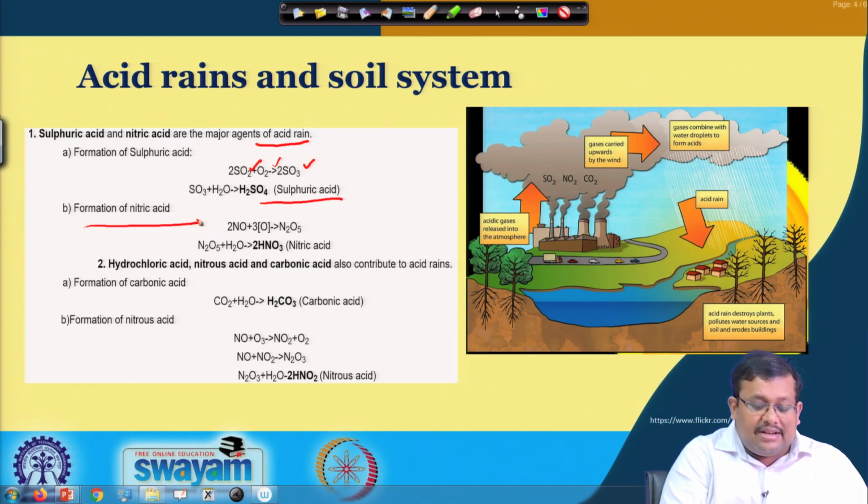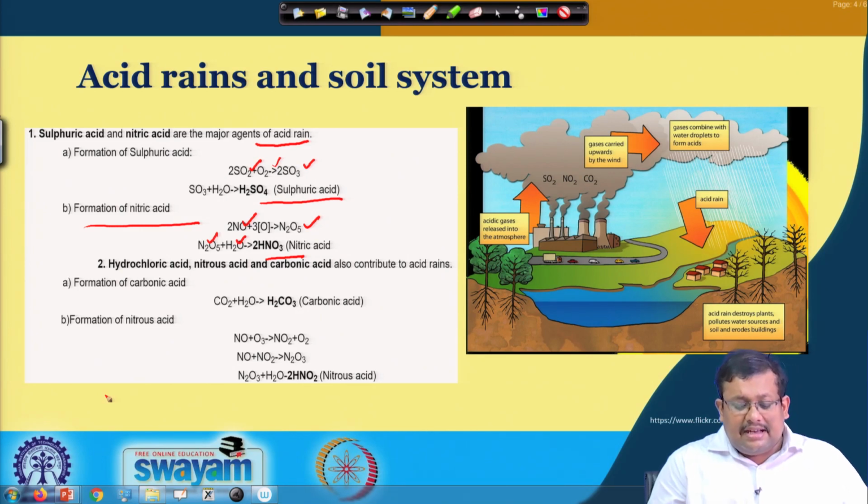Similarly, for the formation of nitric acid, nitric oxides, when they react with oxygen, produce N2O5, and this N2O5 when it reacts with water vapor produces nitric acid. Hydrochloric acid, nitrous acid and carbonic acid can also contribute to acid rain.